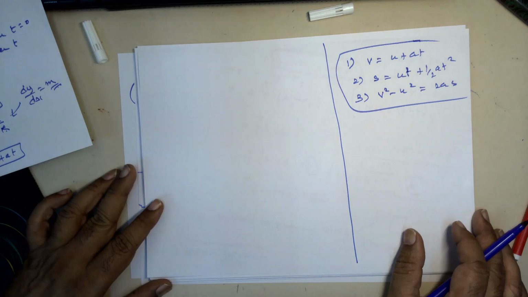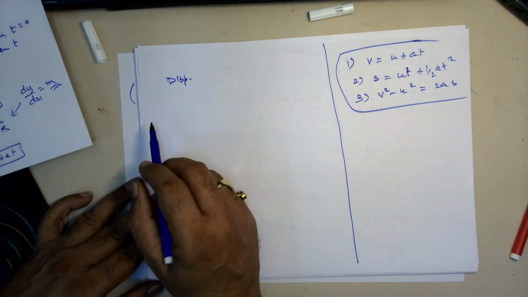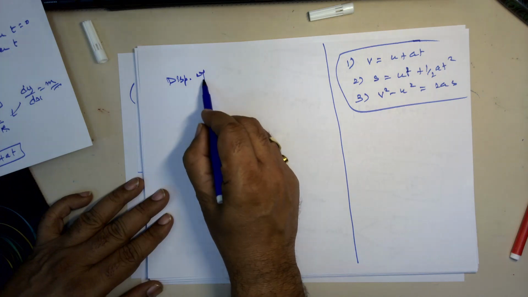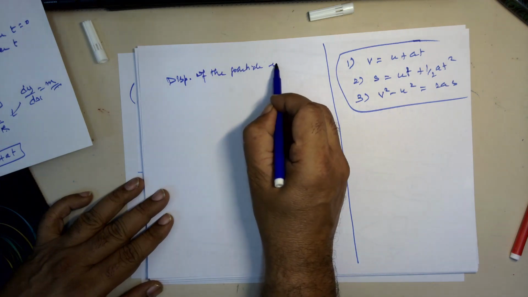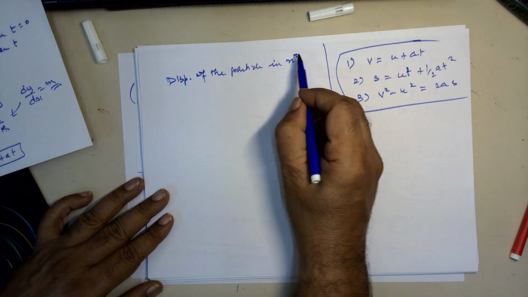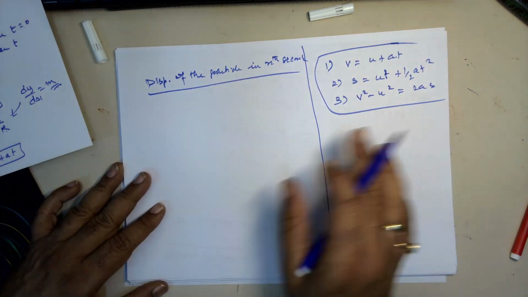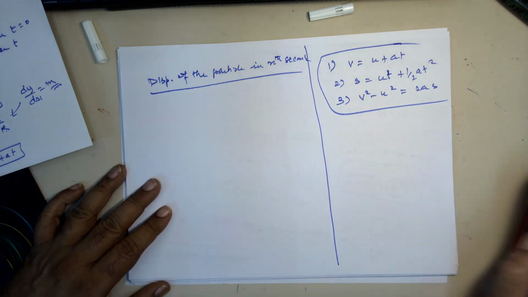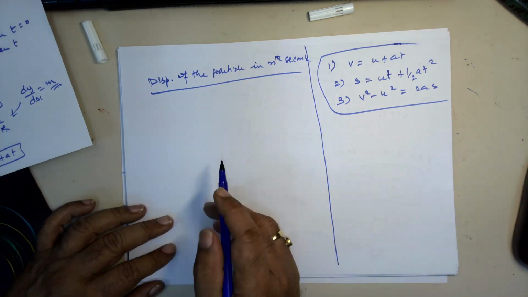Now let us move to the fourth one, displacement of the particle in nth second. So we are interested to determine the displacement of the particle in the nth second. Okay, now listen.